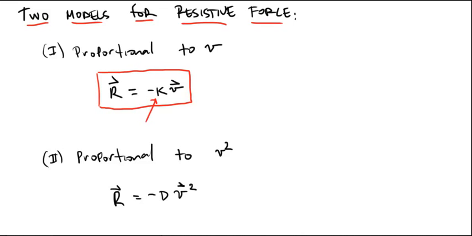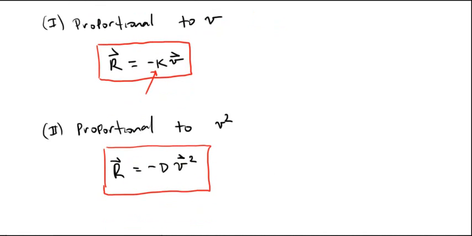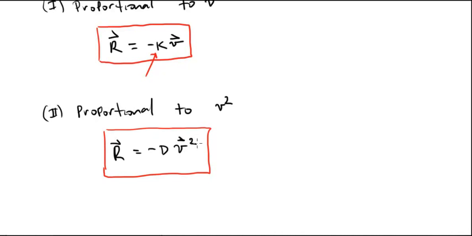This equation relates the resistive force and the velocity, and the key bit here is the fact that the velocity is squared. And again, this D term, similar to k here, is some constant that allows you to relate these two.